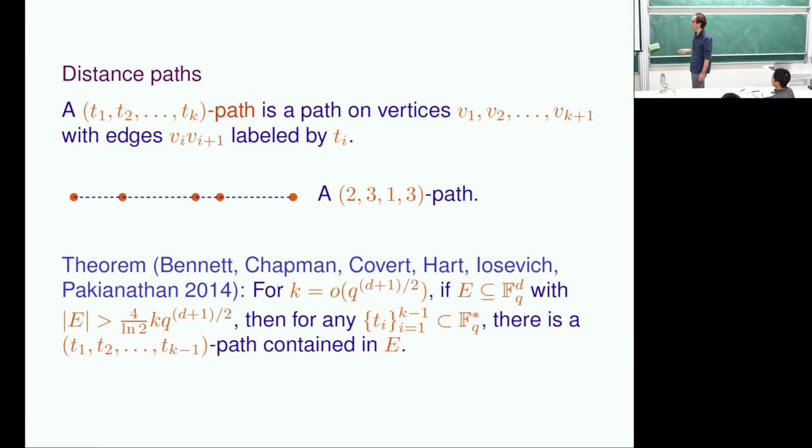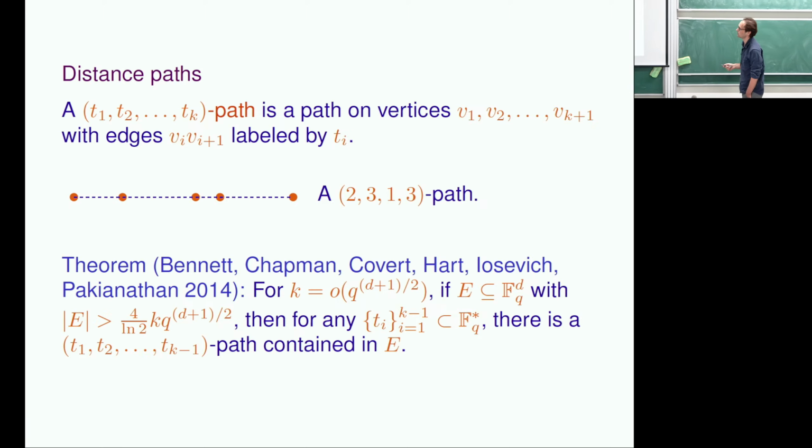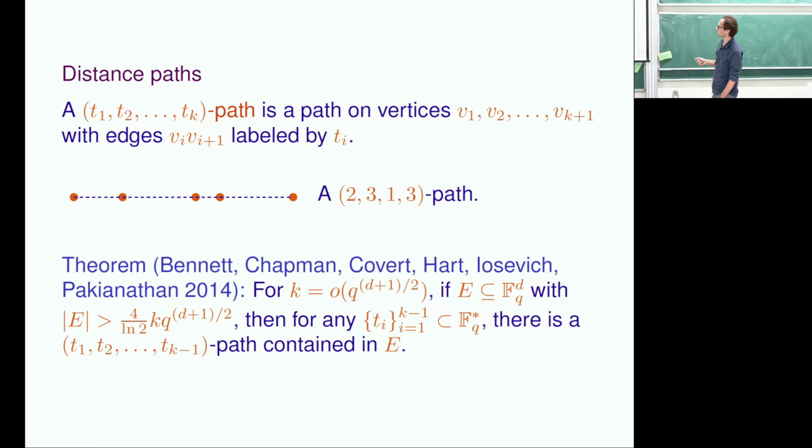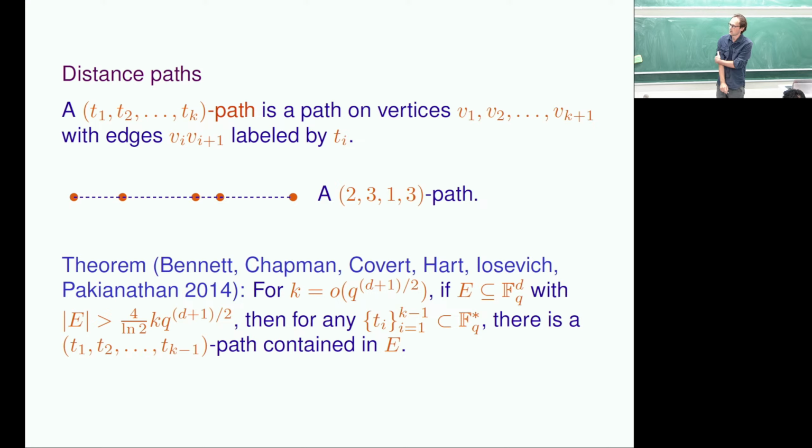In 2014, this group of authors, Bennett, Chapman, Covert, Hart, Iosevich, and Pakianathan, showed that if k is not too large, meaning k is little o of q to the (d+1)/2, and E is a subset of the d-dimensional vector space over F_q, and the size of E is bigger than some constant times k times q to the (d+1)/2, which is the threshold that we had for finding any single distance, then for any sequence of k non-zero elements of F_q, there is a path with that sequence of distances in E. If we take k equal to 1, this is basically the result of Iosevich and Rudnev, and it's more general.